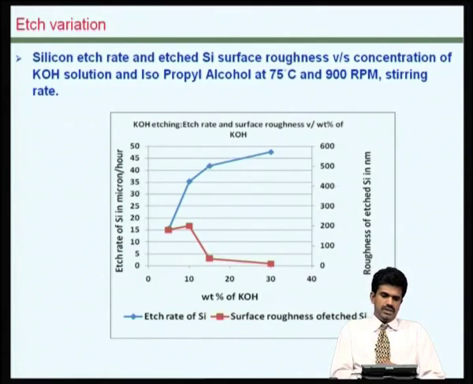There could be variations based on the composition of the chemical used, the temperature, and also the agitation. These variations are usually predictable as long as these parameters are kept within control, and hence the anisotropic etching is usually predictable for the overall geometries required.